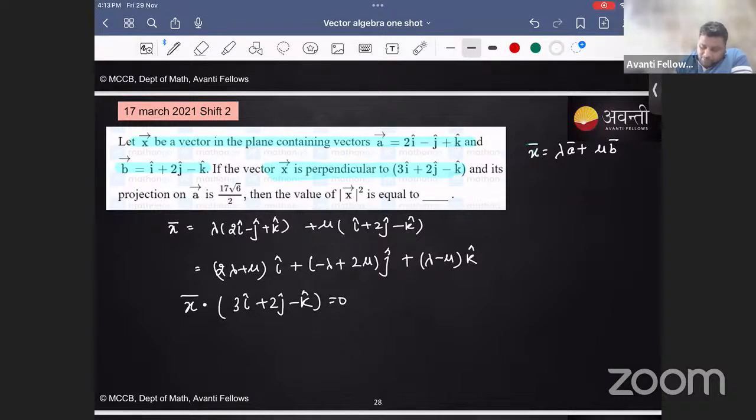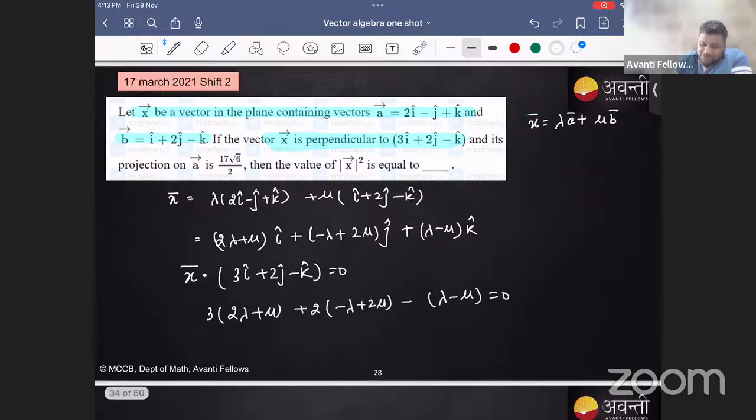So if I do the dot product, that is 3 times (2 lambda plus mu) plus 2 times (minus lambda plus 2 mu) minus (lambda minus mu) is going to be 0. So 6 lambda minus 3 lambda is 3 lambda, 3 mu plus 4 mu is 7 mu, and 1 is 8 mu. 3 lambda plus 8 mu equals 0. This is the first relation we got.